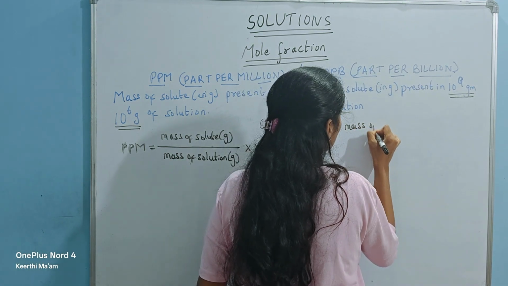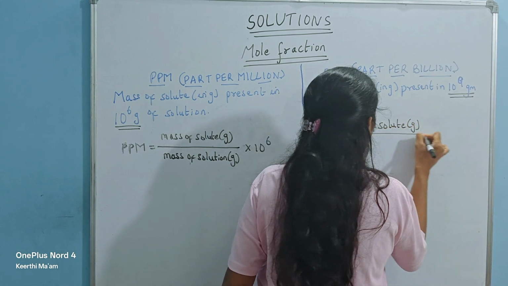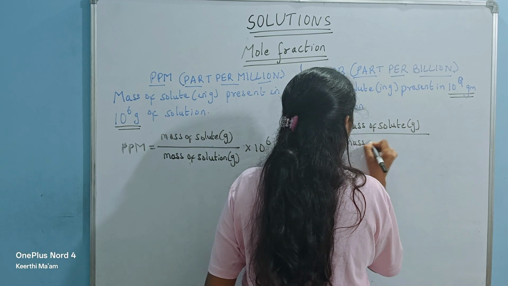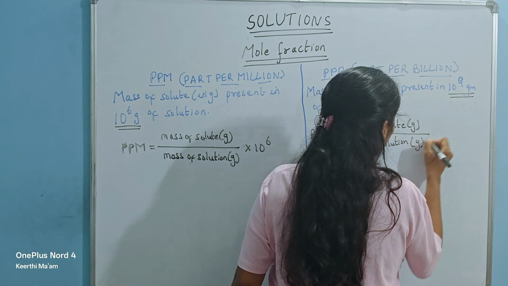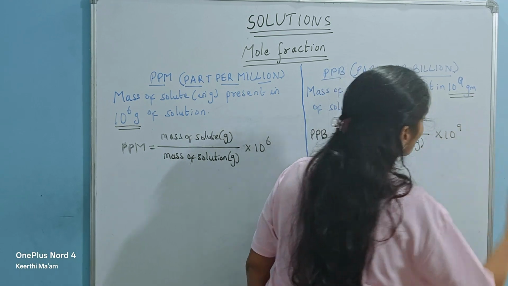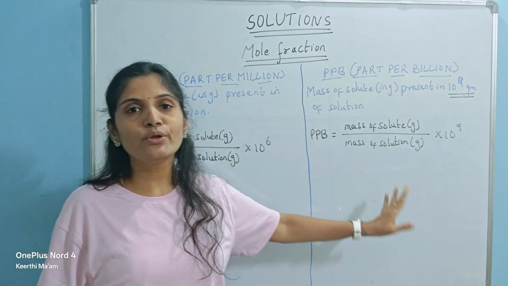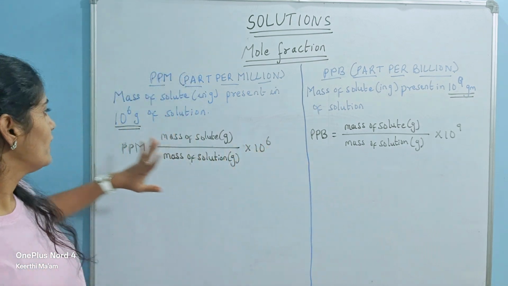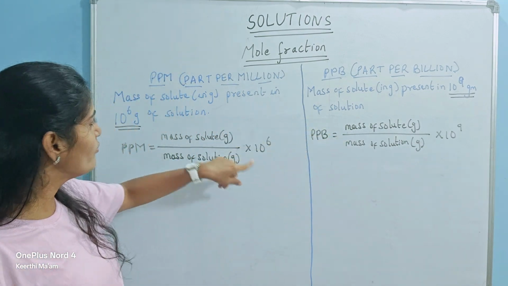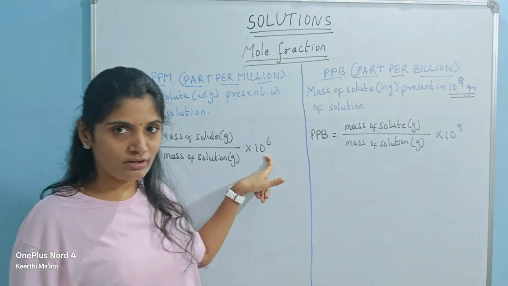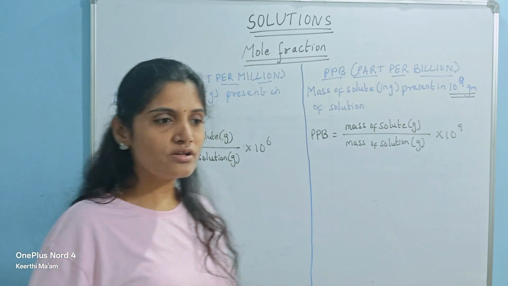Mass of solute in grams divided by mass of solution in grams into 10 to the power of 9. So these are the formulas you can use in numericals when you have to calculate parts per million and parts per billion. Both formulas are the same, with the only difference that because it is per million it is 10 to the power of 6, and because it is per billion it is 10 to the power of 9.